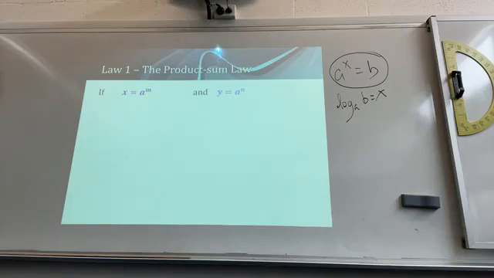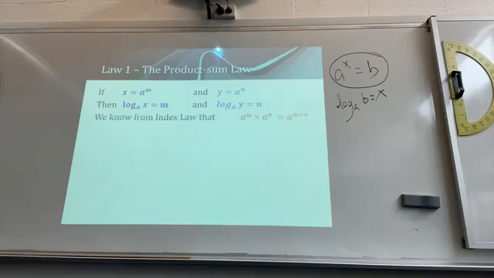Alright, so if I've got x equals a to the power of m and y equals a to the power of n, then putting it in terms of the logarithmic forms, you know log base a of x is actually equal to m, and log base a of y equals n. Now, how are we going to link this?